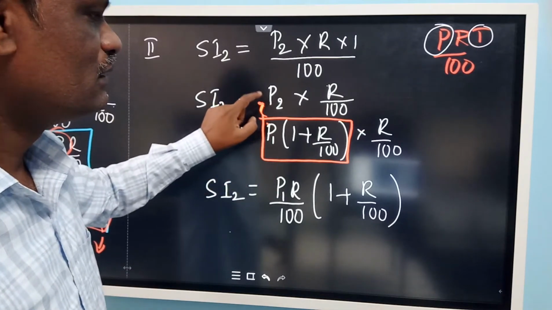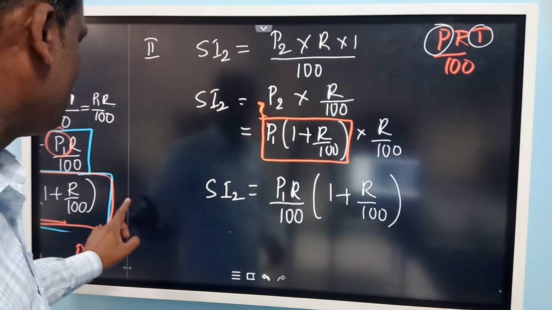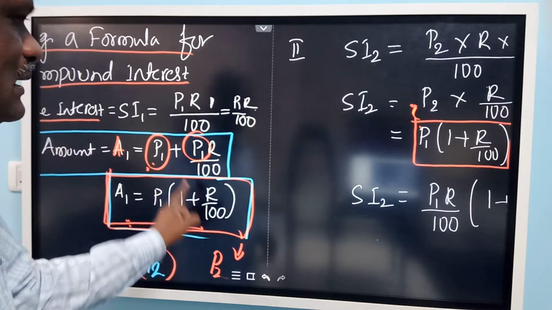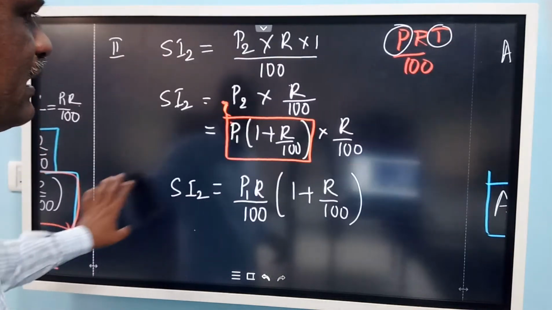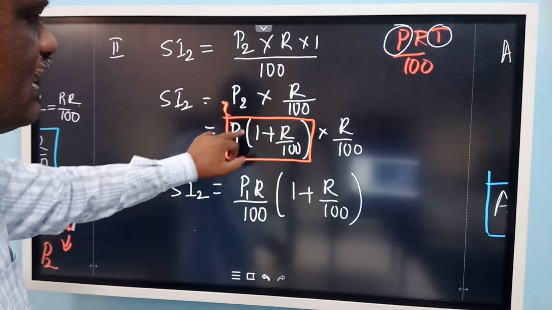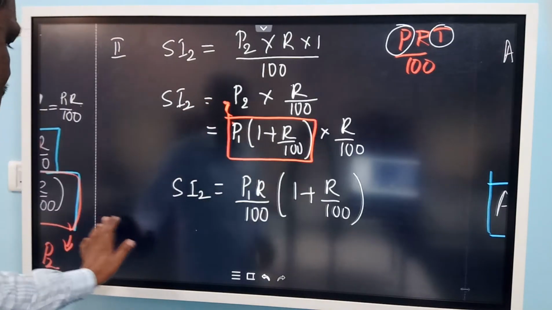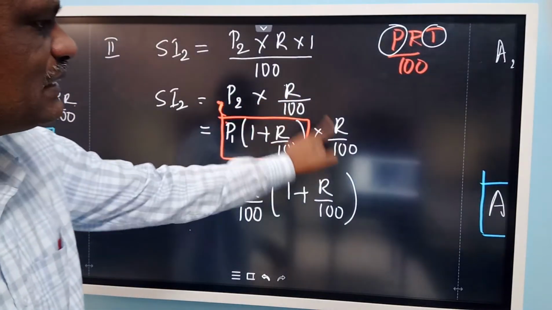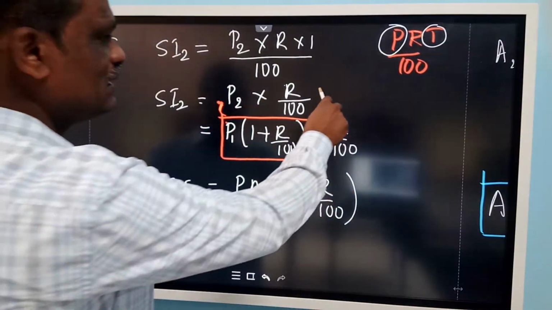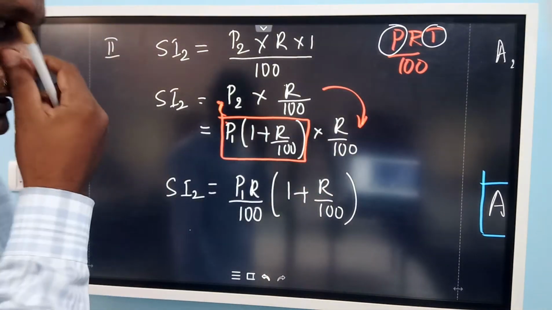So this is P2 in terms of P1. Now in place of P2, write P1 into 1 plus R by 100, because this is P2, and R by 100 as it is.